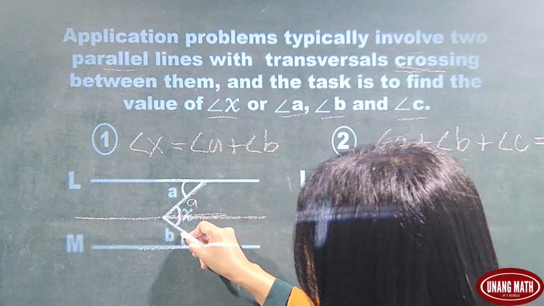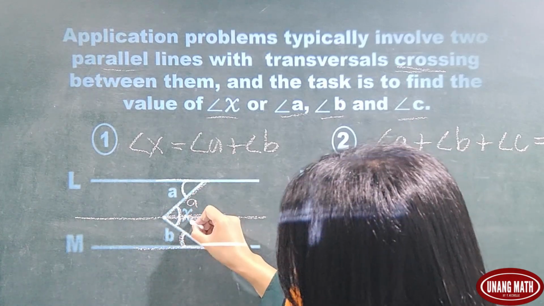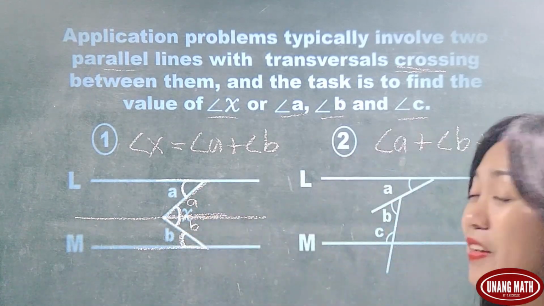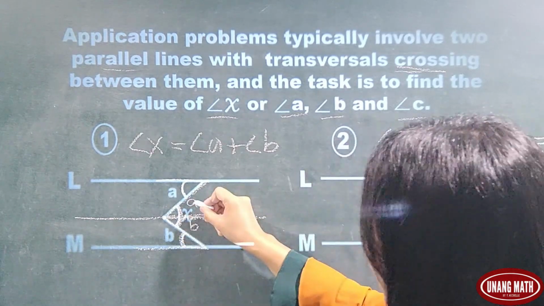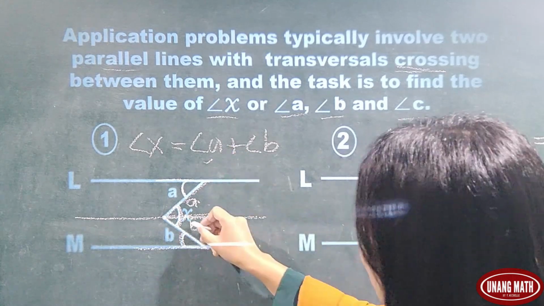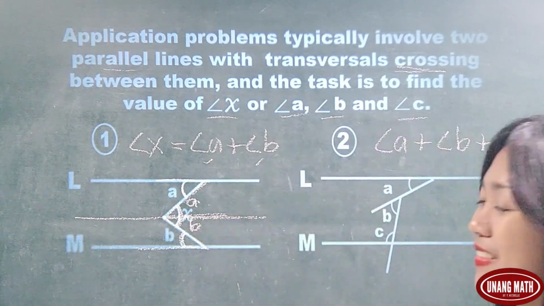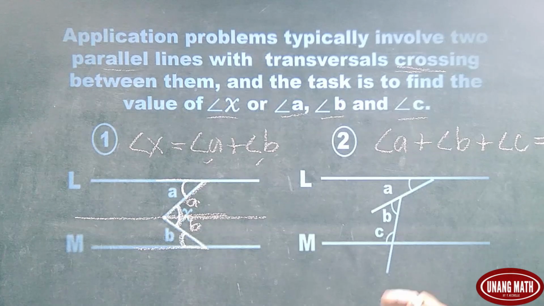If this is angle B, then this angle is also angle B. So to find angle X, angle A plus angle B. Okay, now, what about this second figure?